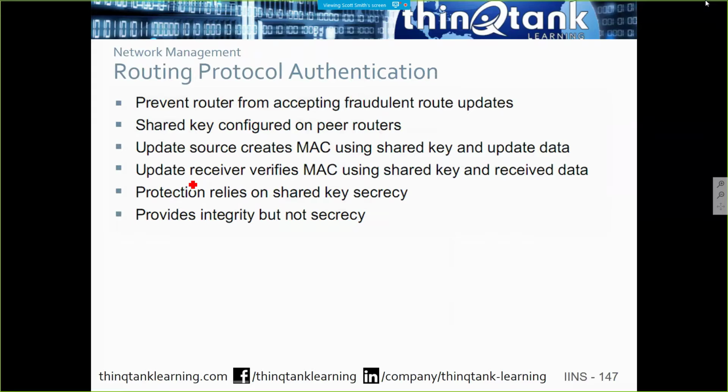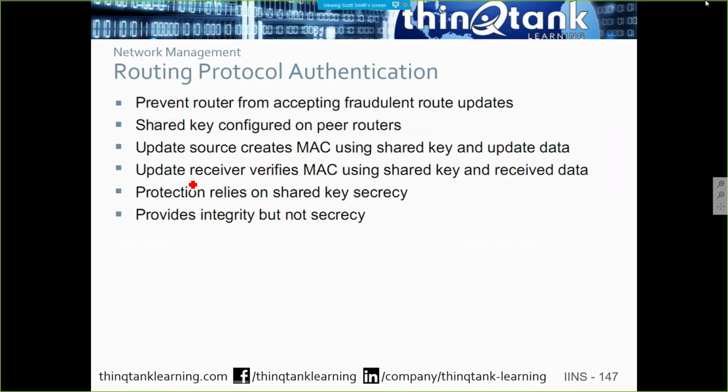So out of those packet types, which packets get authenticated? All of them. All of them get authenticated. Every single time I send a message, any message, hello, update, query, whatever, it's going to include this message authentication code, and then the receiver verifies the MAC using the shared secret key and the data that it received from the sending router.